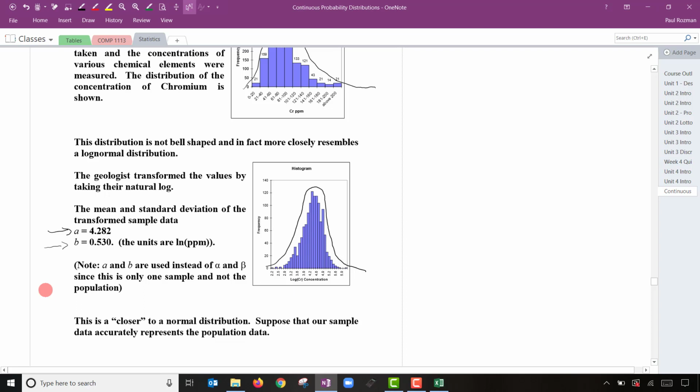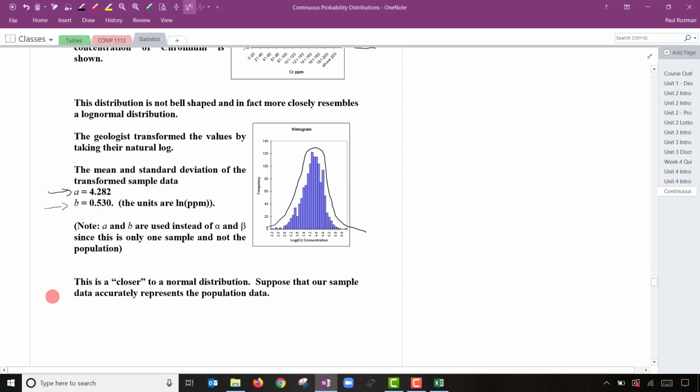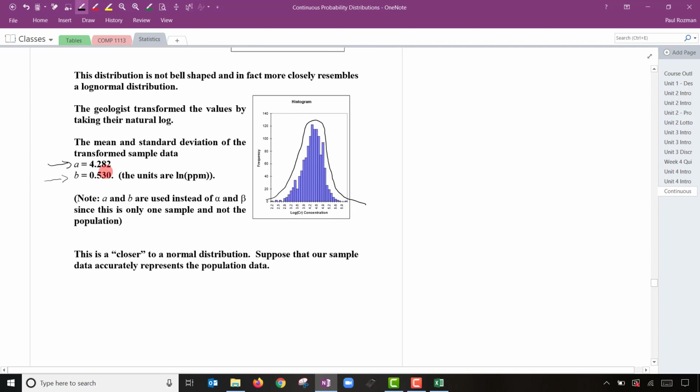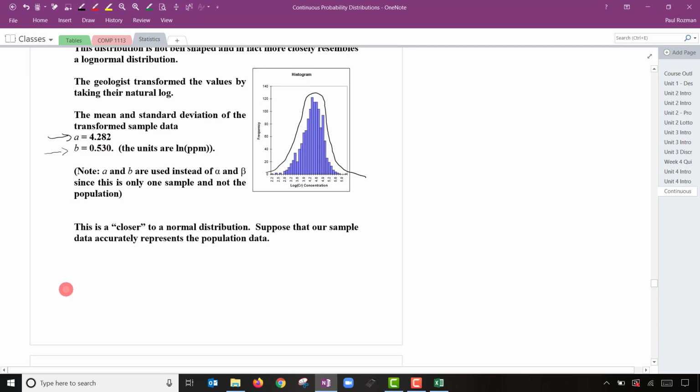Now, if I say that this is close enough to a bell curve, then I can say, why don't I call A alpha and B beta going forward, saying that they're the best estimates I have for those values. Certainly, if I rounded them, it'd probably be fairly accurate to say it's 4 and 0.5, for example. Maybe I shouldn't be listing them to 3 decimal places.